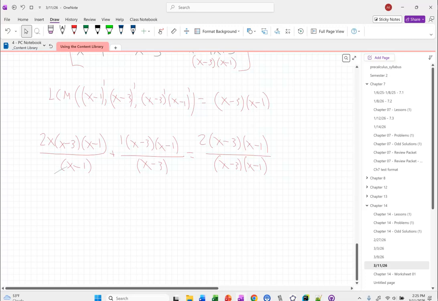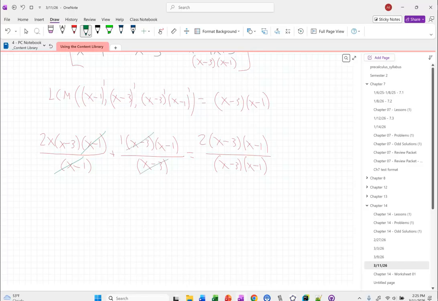X minus 1. If I look at the second fraction, X minus 3. If I look at the third fraction, both X minus 3 and X minus 1. So we have left 2x squared minus 6x plus x minus 1 equals 2.